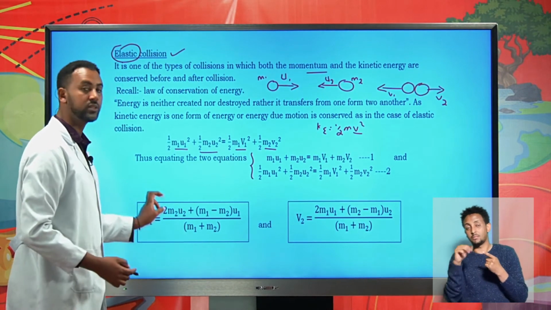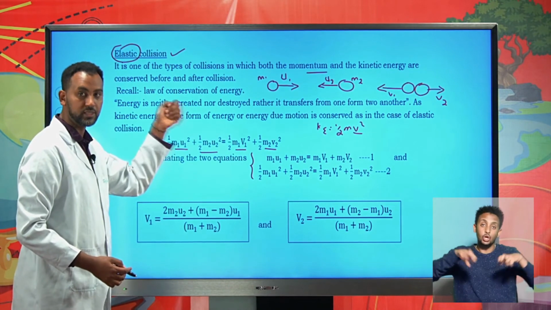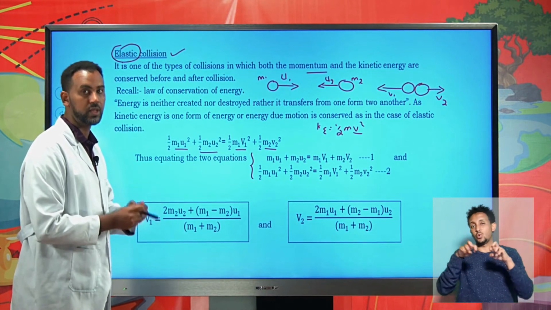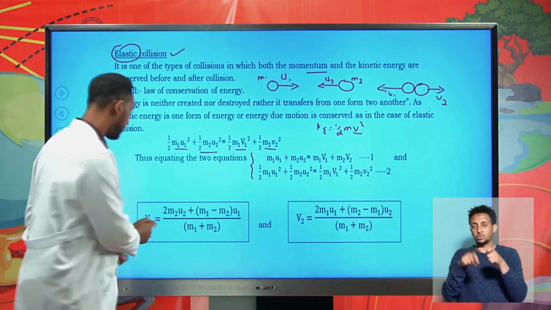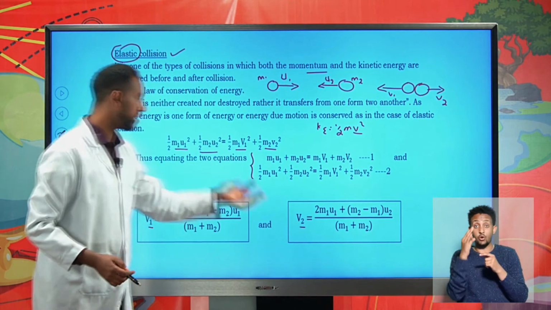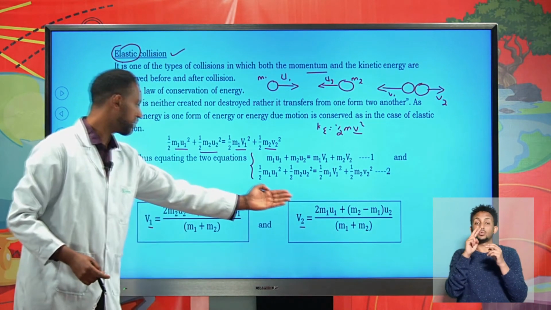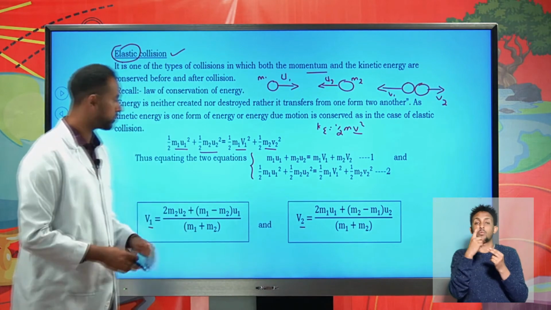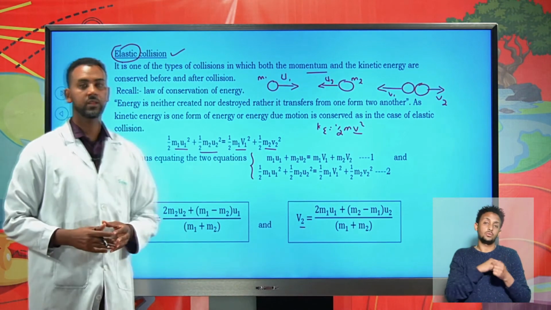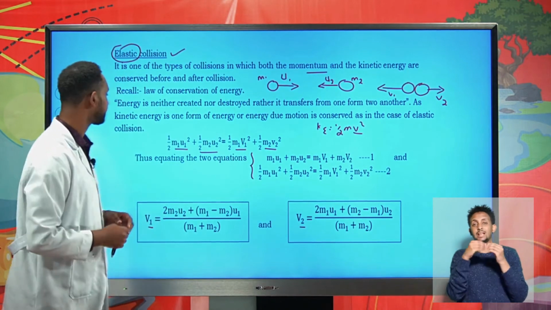This is how we determine the final velocity of a particle after an elastic collision. Similarly, the final velocity of particle 2 can be determined using twice m1 u1 plus (m2 minus m1) u2, over m1 plus m2. This is how we determine the final velocities of two particles colliding elastically.